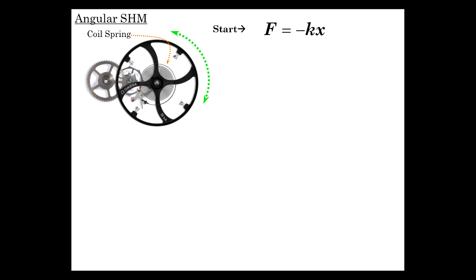F is equal to minus kx is our starting point. That is what we saw for a regular spring mass system. Well, now the analogy here is torque equals minus delta theta, where the equivalent of the spring constant is the torsion constant, often symbolized by kappa, but I'm using delta because I can't really distinguish k's from kappa.